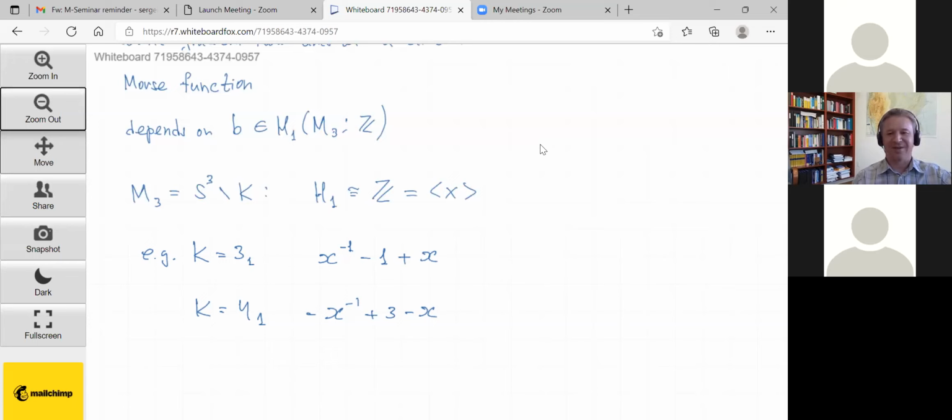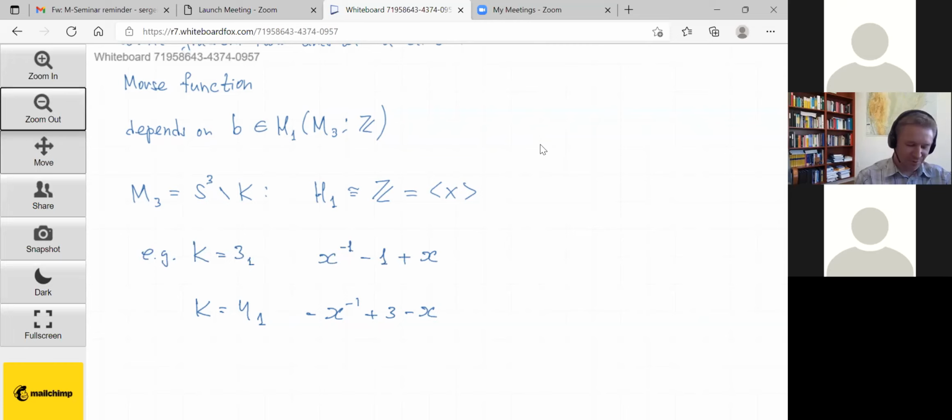If you do a signed count of such closed orbits in homology class x to the power something, I assume that the answer should be an integer number. Correct. Okay, so an integer number is like 1, 2, 3, 4, 5. So what is x minus 1 plus x? Just for the future, you want this integer to be represented in this strange way.